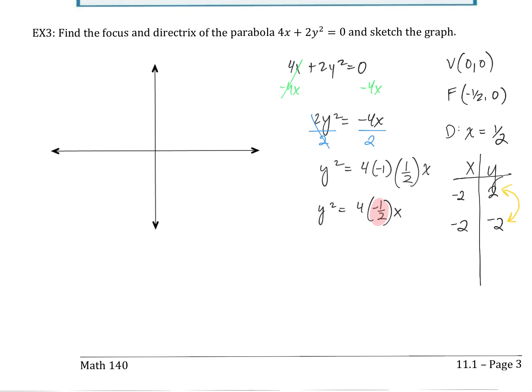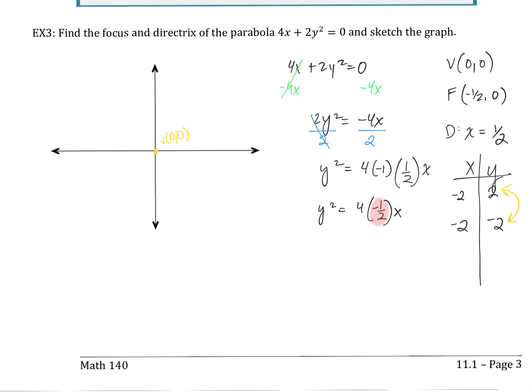Alright, let's go ahead and graph this. Vertex, 0, 0. Focus. Once again, I'm doing focus and directrix in different colors because they're not actually on my graph. They're sort of a way of looking at our graph. They're a part of it, but they're not specifically on the graph.